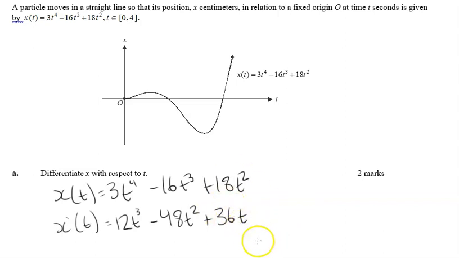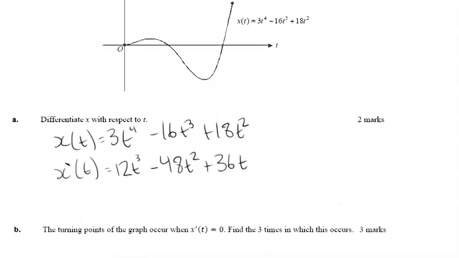So many people got this process correct. Now, weirdly, this is 2 marks, even though it's quite an easy 1 mark process. So if you didn't write x dash t is equal to, or wrote something completely different, but you still got this correct, you just get that 1 mark there.